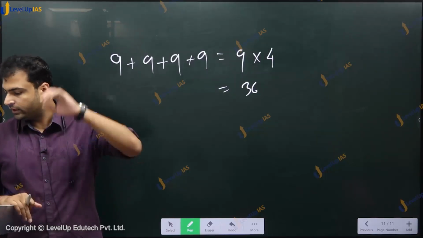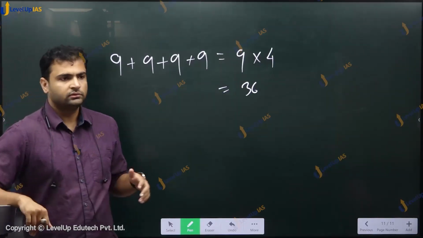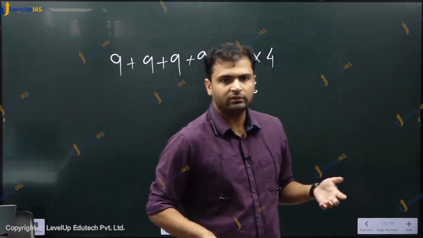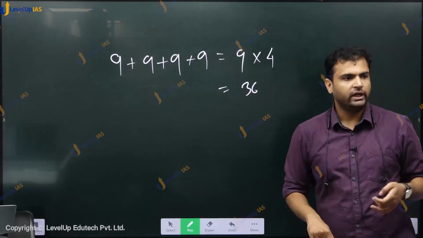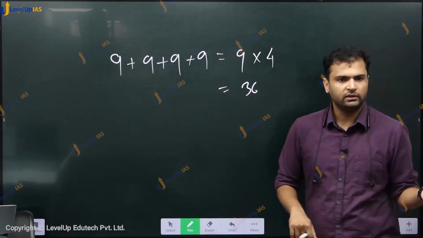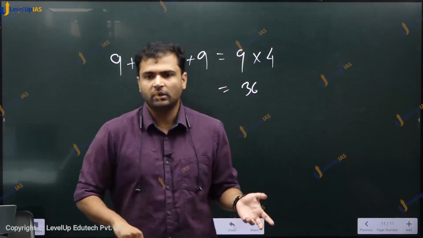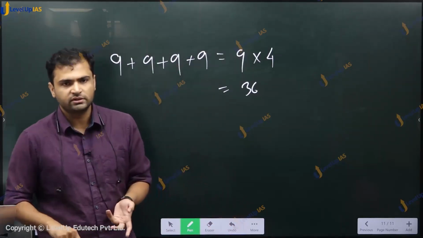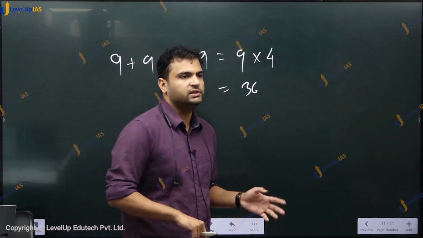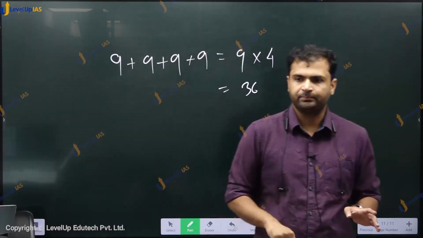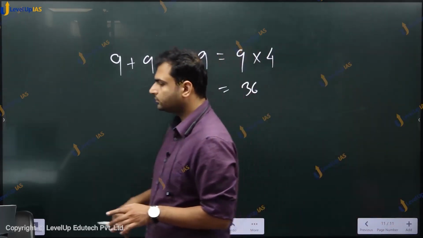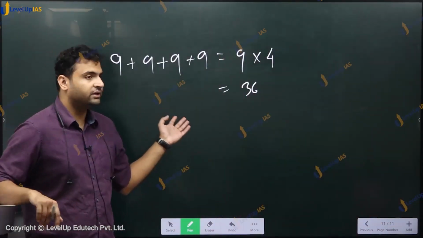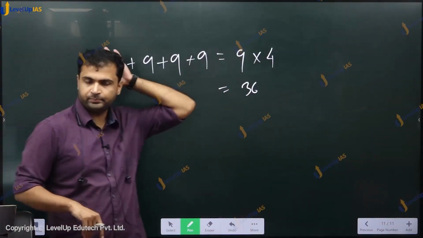So what we want to do here is repeat the rules like we did for addition and subtraction, and then get familiar with multiplication of two integers and multiplication of two decimal numbers. So this is your multiplication, nothing but repeated addition.